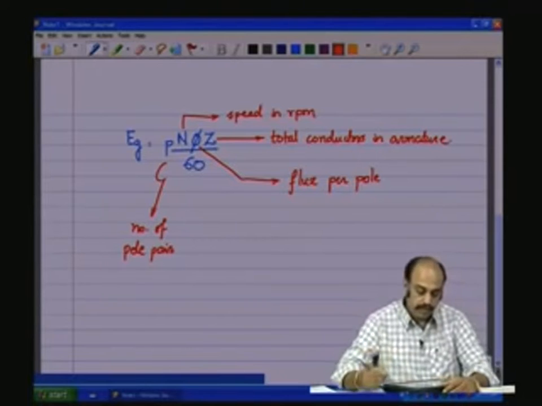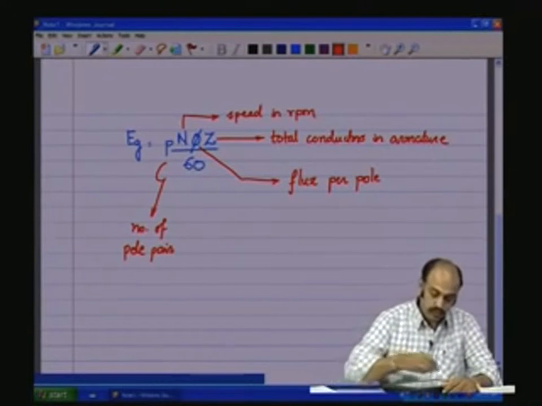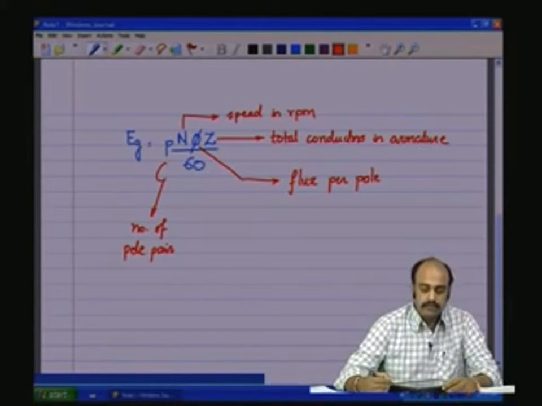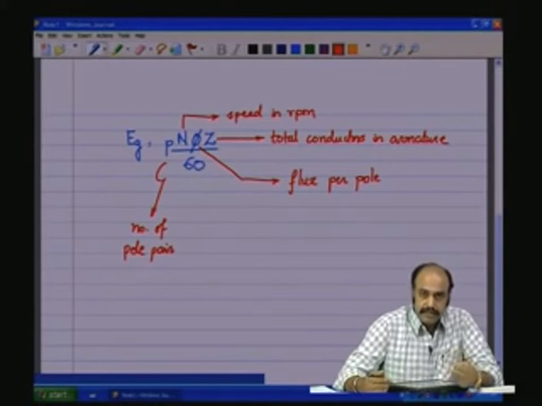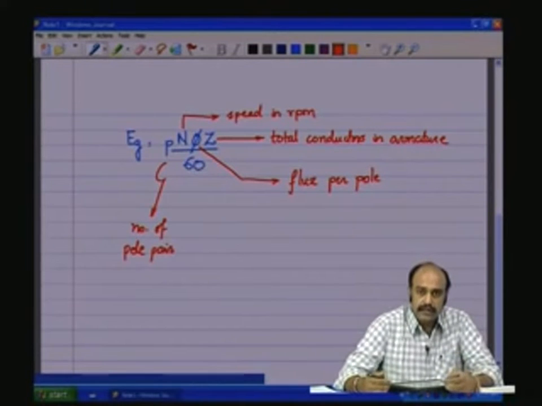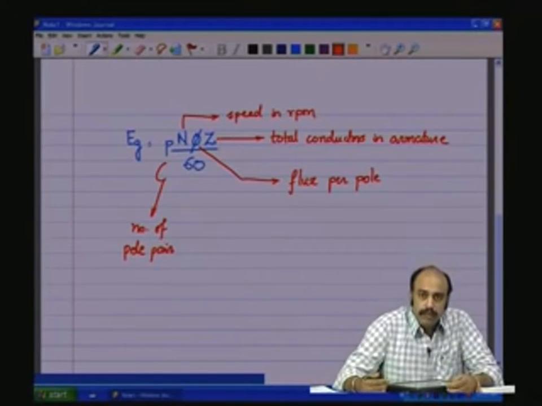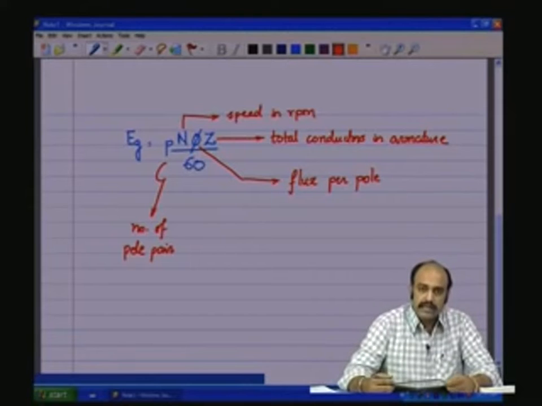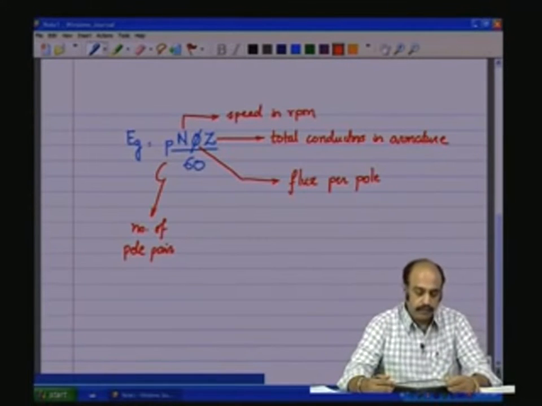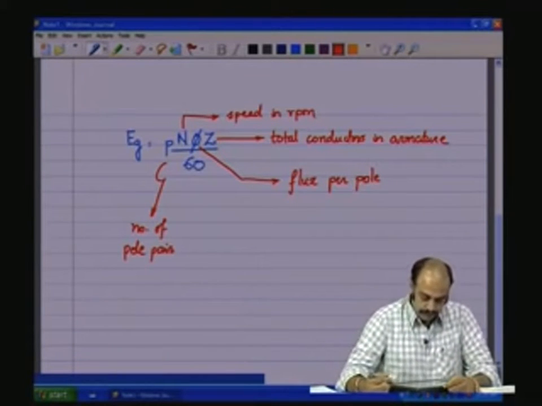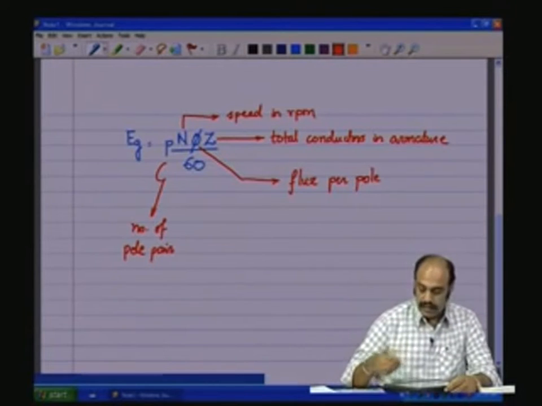So, this would give you the induced EMF of a DC machine, a DC generator, which has P number of pole pairs, N is the speed of rotation, phi is the flux per pole, and Z is the total number of conductors in the armature.